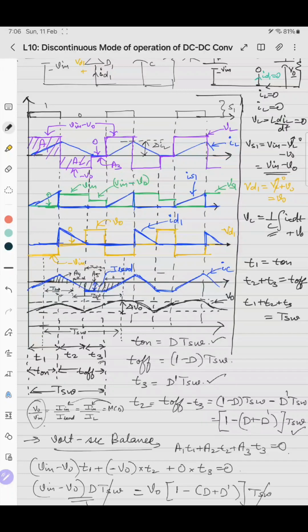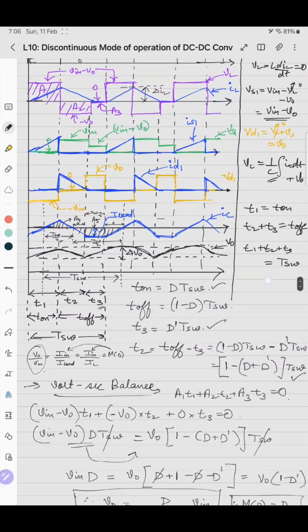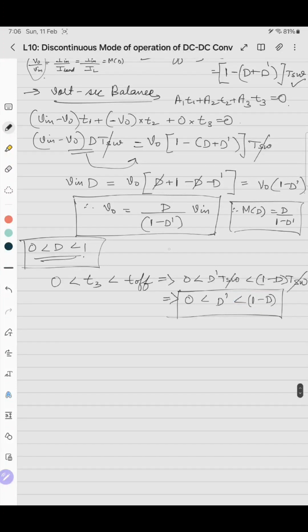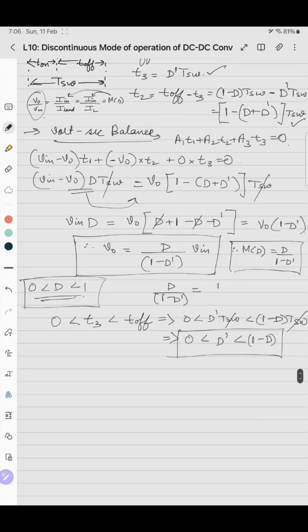We have already drawn delta V naught. So the same transfer function we can write, D by 1 minus D dash is what? I in by IL, without doing the amp second balance.